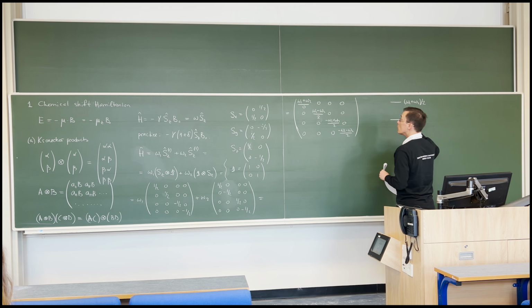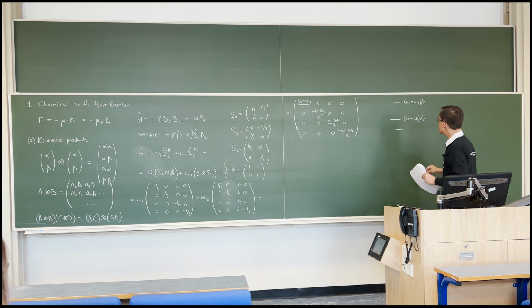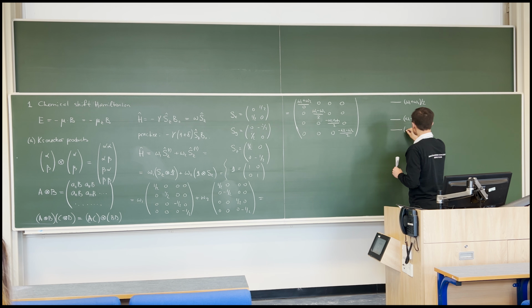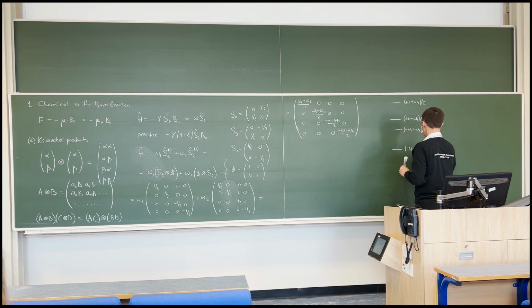Then we have omega 1 minus omega 2 over 2. Then I will draw them unevenly spaced because the two frequencies needn't be the same. So minus omega 1 plus omega 2 over 2, and finally at the bottom here minus omega 1 minus omega 2 over 2.